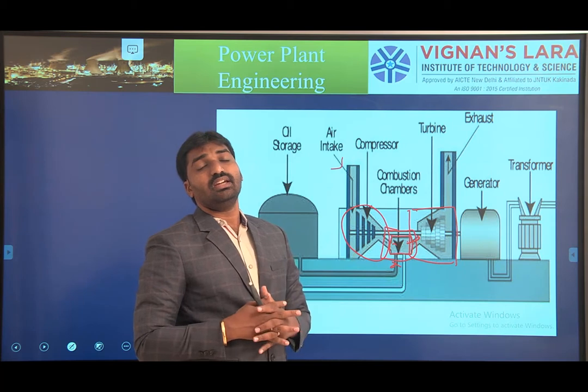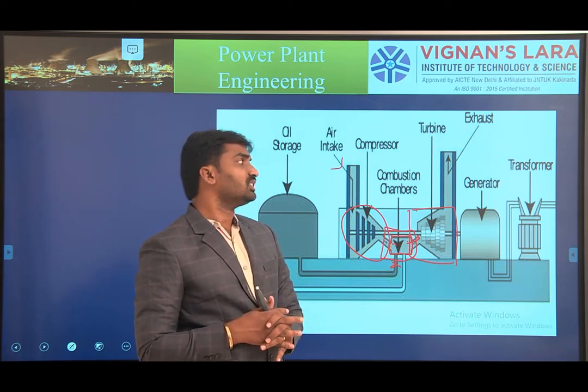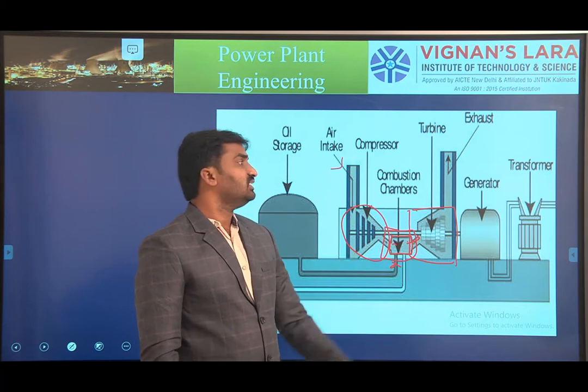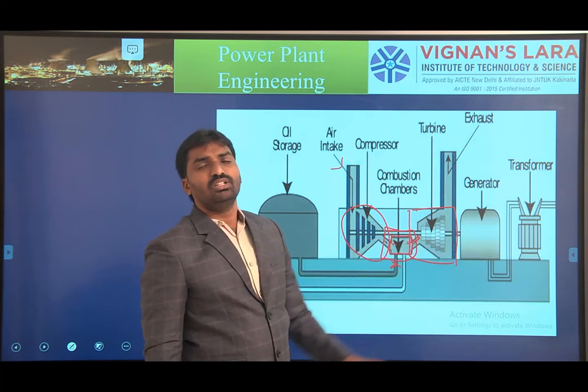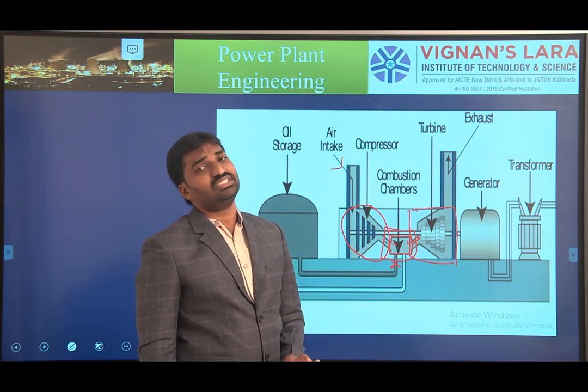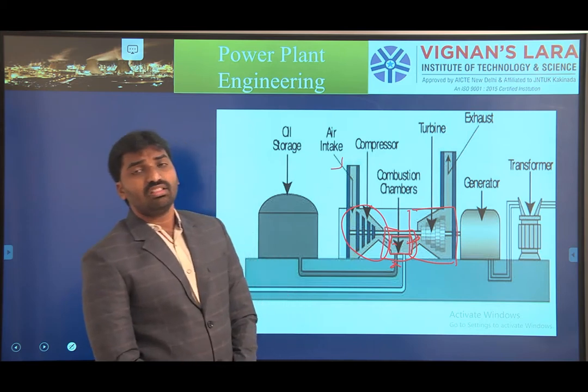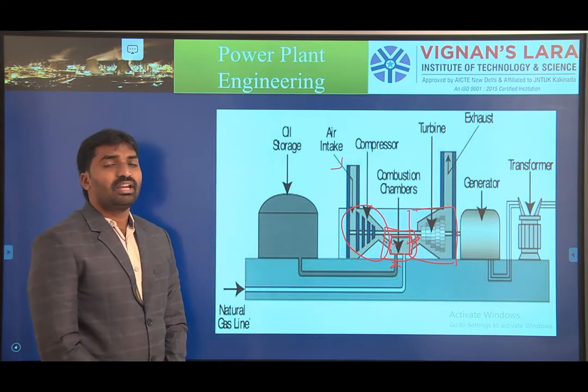Okay, so in any type of gas turbine, any type of power plant, the most important component is the generator. Except for solar power generation, in any type of power generation we need to utilize a generator, because in all the cases we are generating mechanical energy only.